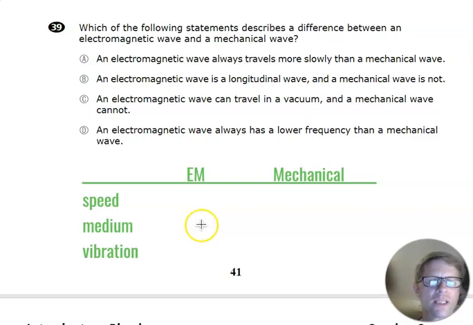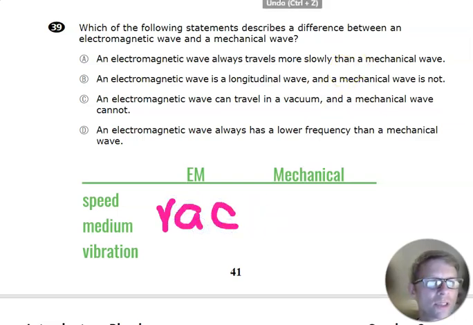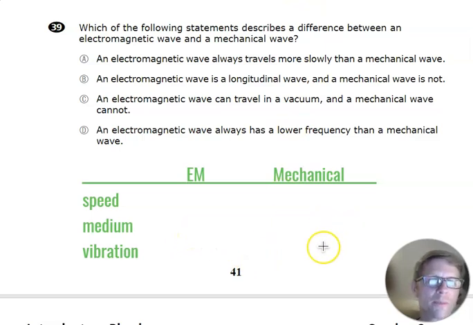If you think about the medium, electromagnetic waves do not need one. They can go through a vacuum. Now, a vacuum doesn't mean a vacuum cleaner. It means empty space. They can also go through a medium, but mechanical waves absolutely need a medium, whereas electromagnetic waves don't. The vibration has to do with the perpendicular and parallel thing.